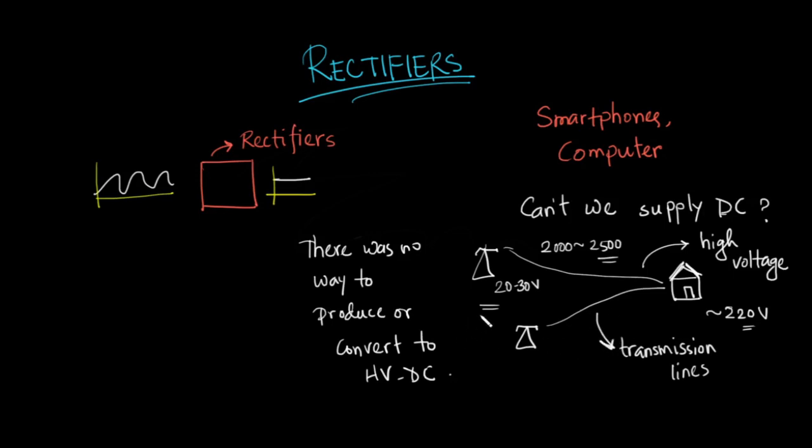But when these power technologies were being developed in the early days, there was no way to actually do these things using DC. But AC voltages can be easily transformed from low voltage to high voltage, and again to low voltage, because there exists a very simple device that can do this, and that device is called a transformer.